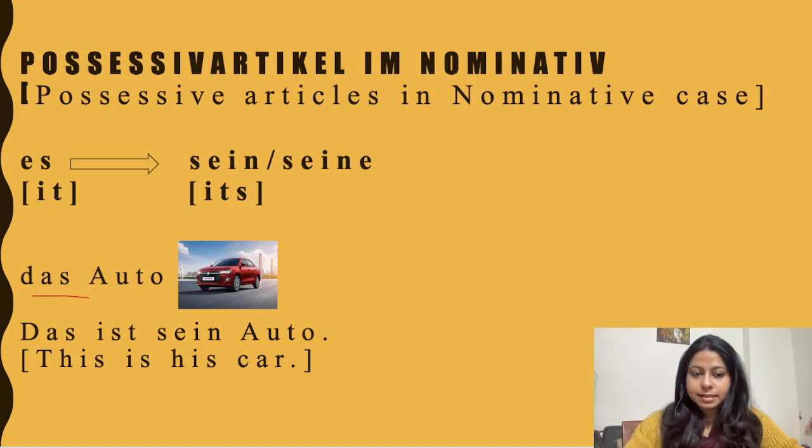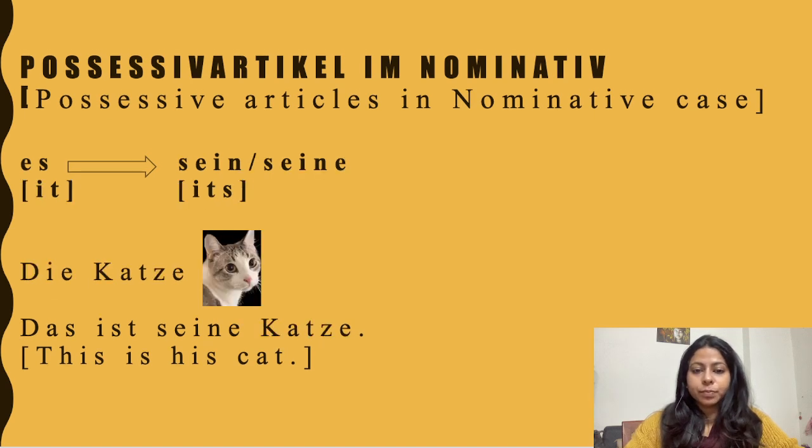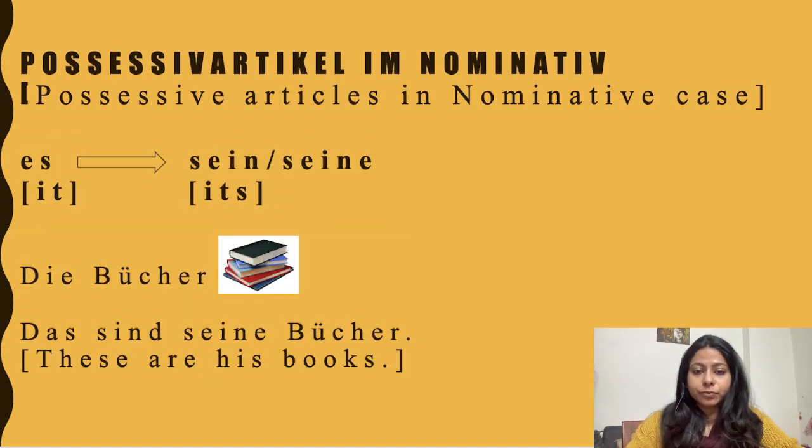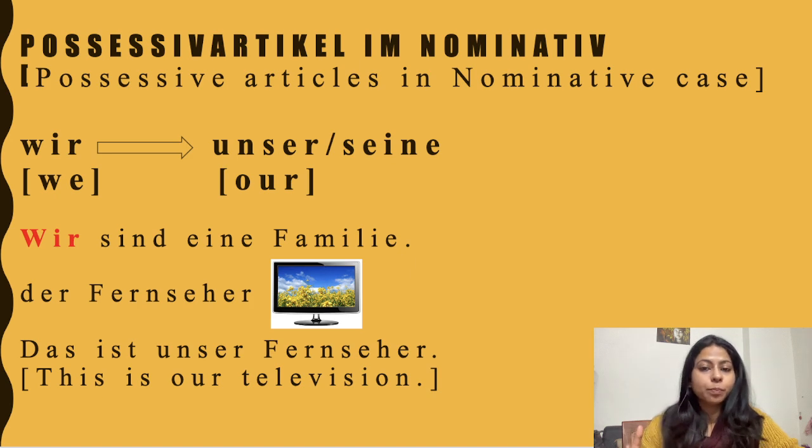Again, the article is das, so "Das ist sein Auto." With feminine, it would be "Das ist seine Katze." And with plural, it would be "Das sind seine Bücher." Again, with feminine and plural, it takes the ending e, seine, and with masculine and neutrum, it would be sein.